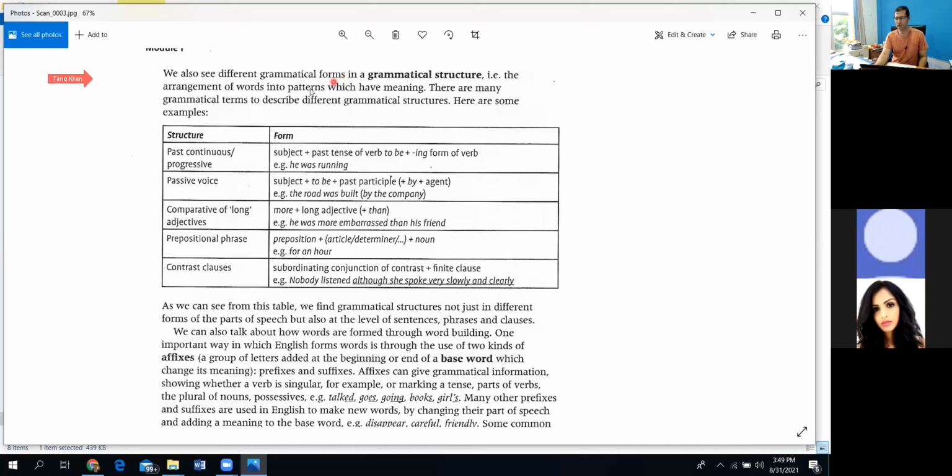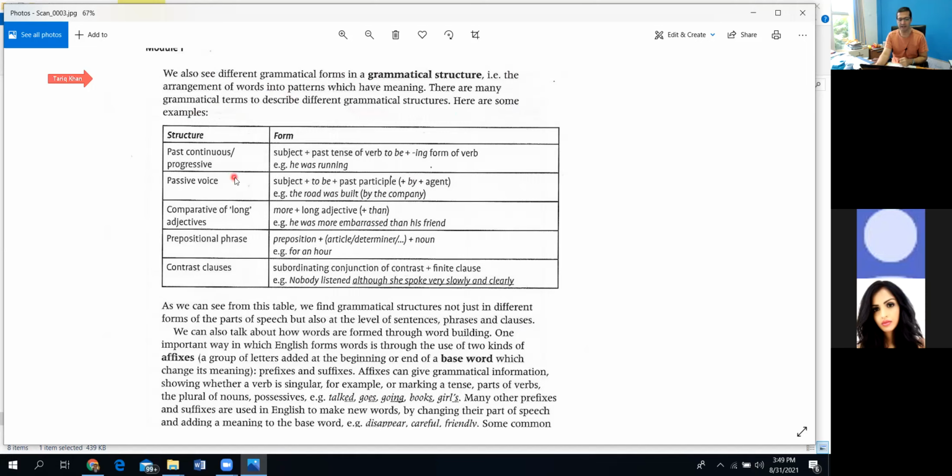I told you we will be talking about forms. Forms in grammatical structure, for example, the arrangement of words into patterns, shapes, which have meaning. There are many grammatical terms to describe different grammatical structures.